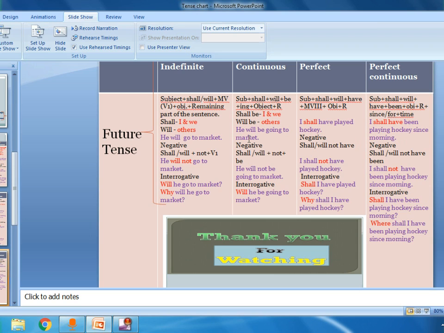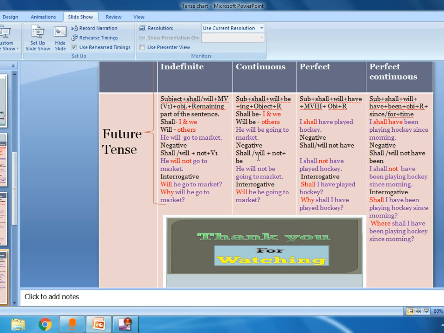He will be going to market. Will be going. Going is here, first form of the verb plus ing. This will be showing that the sentence belongs to future continuous, because first form of the verb plus ing is also here.